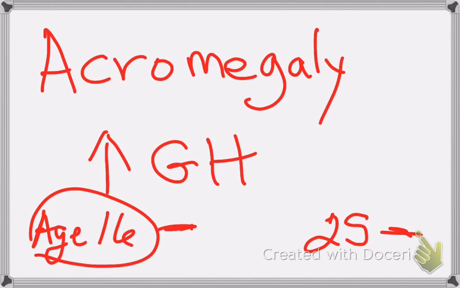Don't forget, growth hormone also causes growth of cartilage, nasal cartilage, auricular cartilage. So ears get big, nose gets big, hands get big, feet get big, so do your internal organs. You also have trouble regulating blood sugar because growth hormone also stimulates an increase in blood sugar, so you have effects like diabetes. Overall, it's not a good condition to have.